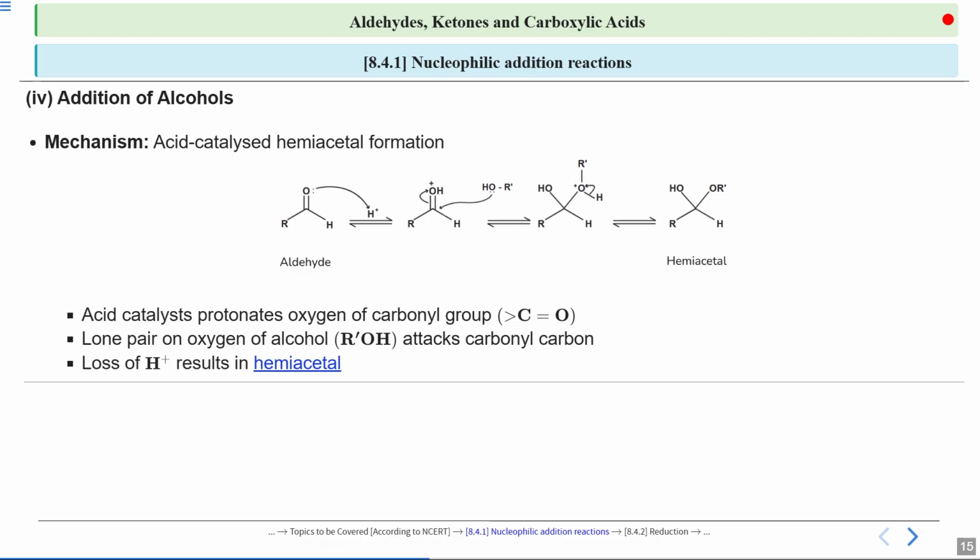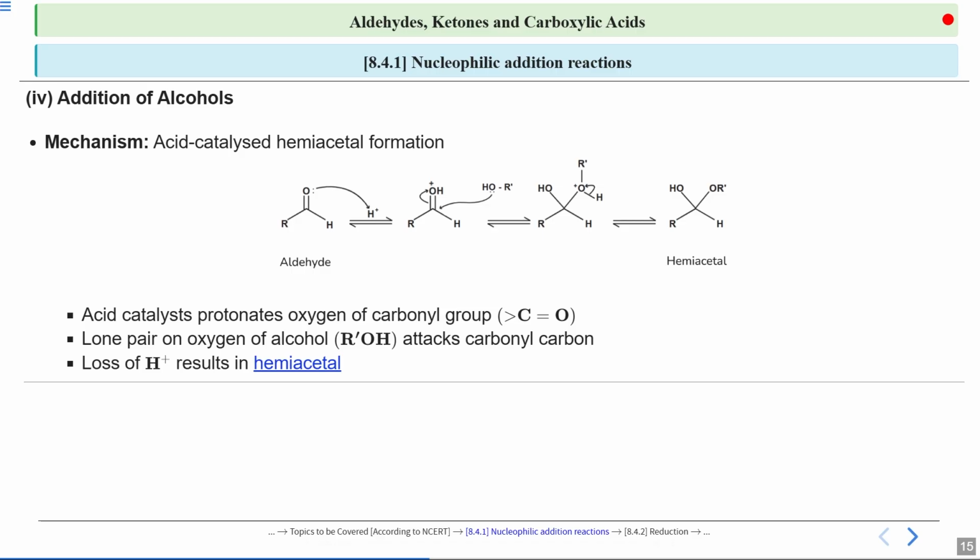Finally, there is loss of a hydrogen ion, H plus, from this intermediate. If you see here, the ROH gets attached to the carbon, so there is one OH group and the alcohol group attached. There is loss of H plus from this intermediate, which leads to the formation of hemiacetal.